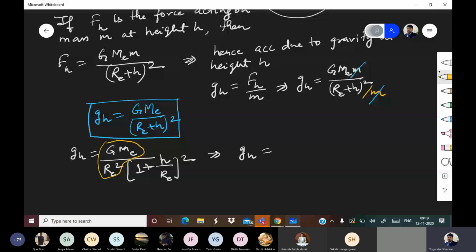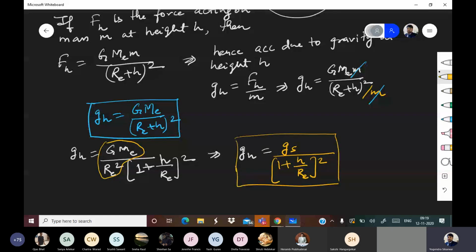So let me call it as gs, s for surface, upon (1 plus h upon Re) whole square. So you can use this formula also, though we don't use it. But you can use the formula in this way also.